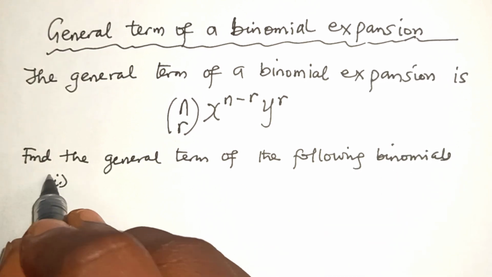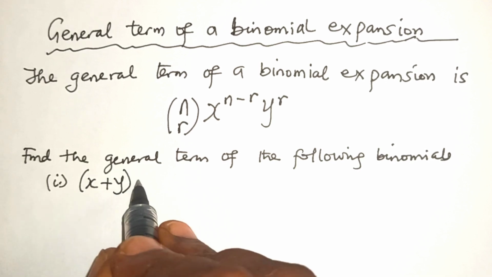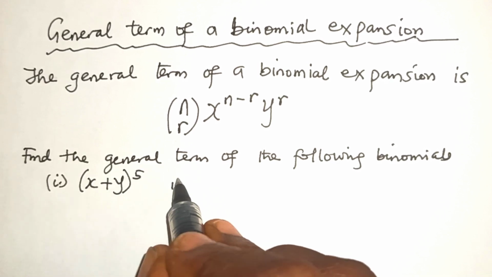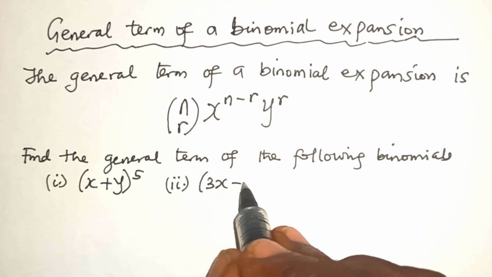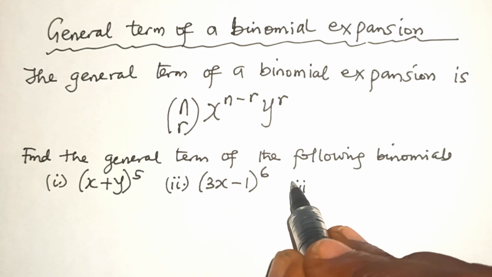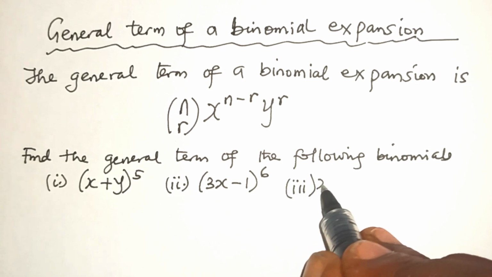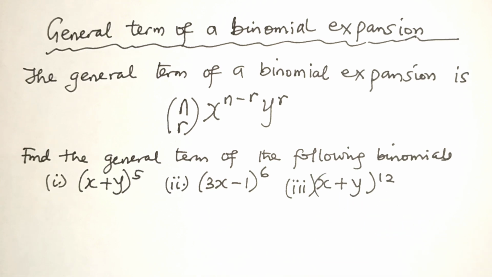First one is x plus y raised to the power 5. Next is 3x minus 1 raised to the power 6. And the last one is x plus y raised to the power 12.